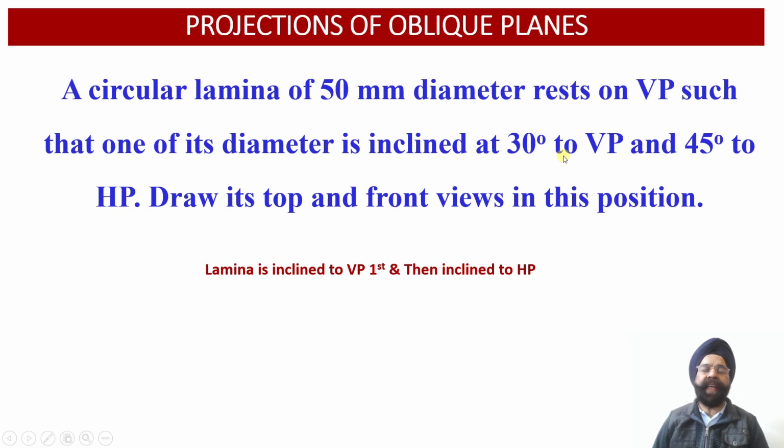Now the apparent angle of inclination of this diameter with respect to the horizontal plane has to be evaluated. Once we evaluate this angle alpha with respect to the horizontal plane, then we will be able to evaluate the orthographic top view and the front view projections of this particular circular lamina. Now since it is a circular lamina, there is no problem regarding the orientation of this particular circular lamina.